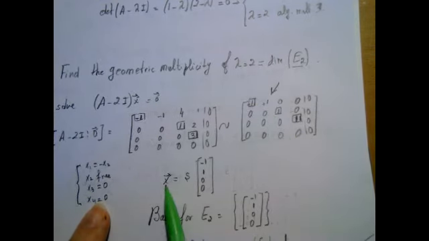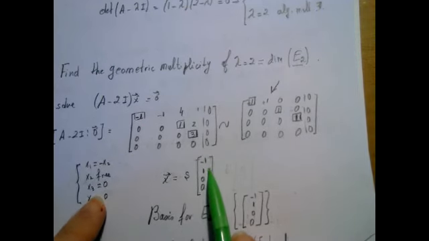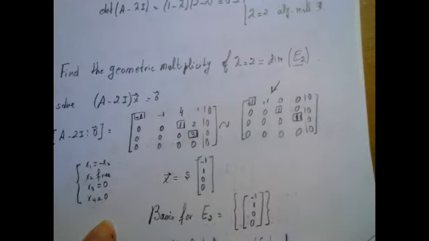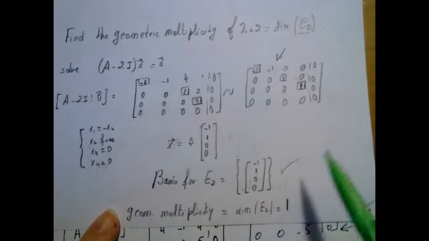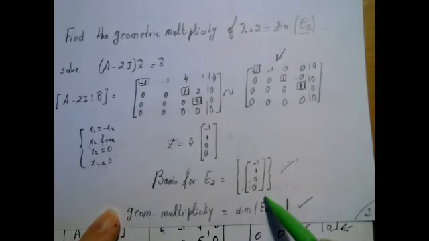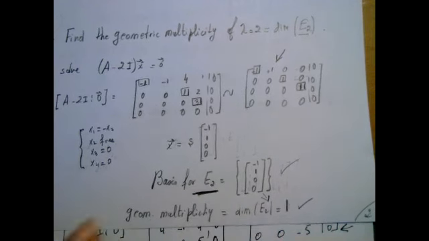So every eigenvector has the form a scalar times (minus 1, 1, 0, 0). So the basis for E2 consists of one vector, which means the geometric multiplicity is equal to 1. So the geometric multiplicity is the dimension of E2.